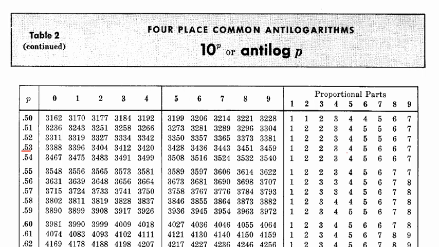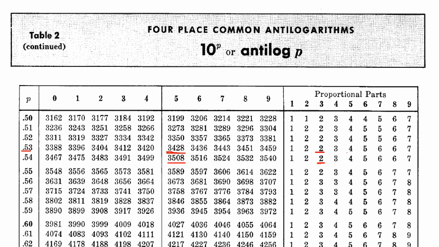So 0.53 under 5 is 3428. Sorry for that, this is the right place. Then difference 3 is 2.